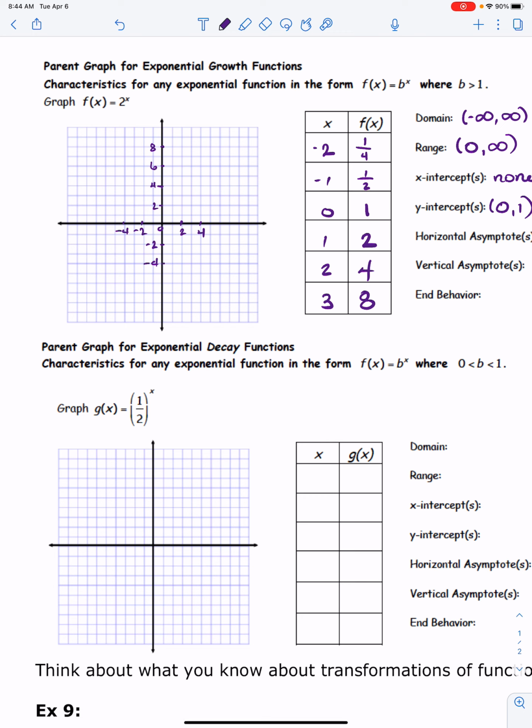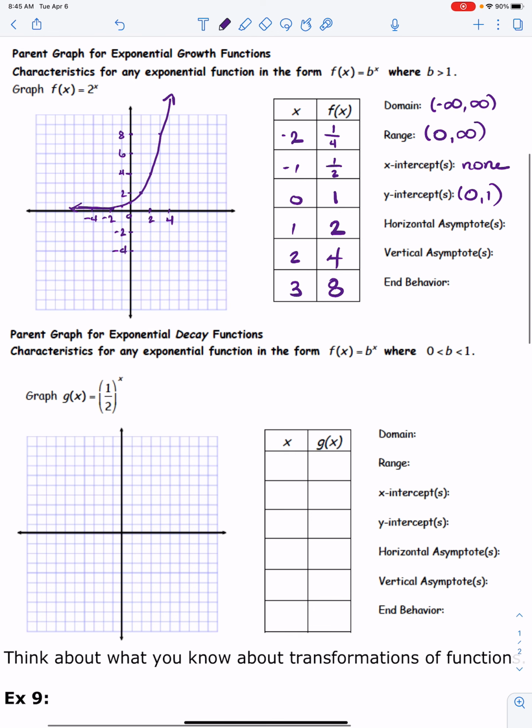I have got 1/4, 1/2, 1, 2, 4, and 8. I get this exponential curve that I know is approaching the x-axis. Sorry, this looks like it's bouncing up. It's not supposed to do that.